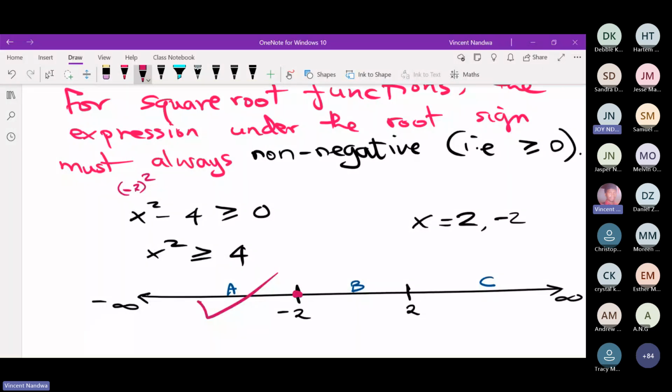Then can you pick any number from -2 to 2? 1 is okay, but the easiest is the middle number 0. 1 squared minus 4, is it greater than 0?